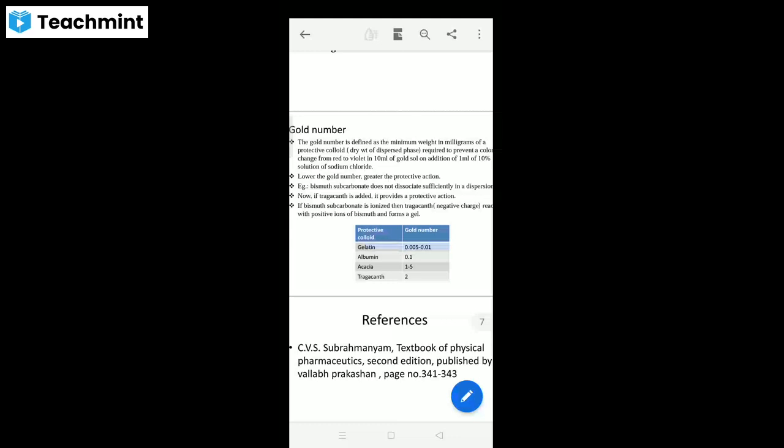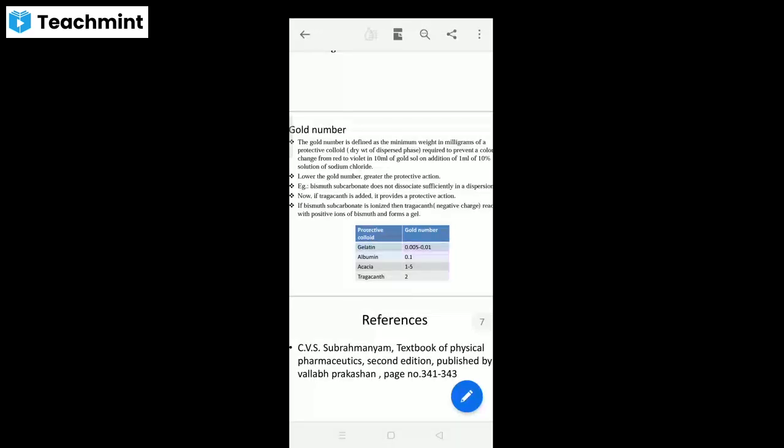We have gold sol. We have added 1 ml of 10% sodium chloride solution in it. Sodium chloride is an electrolyte. If we do not add anything, the hydrophobic gold sol will not get protected and coagulation may occur.